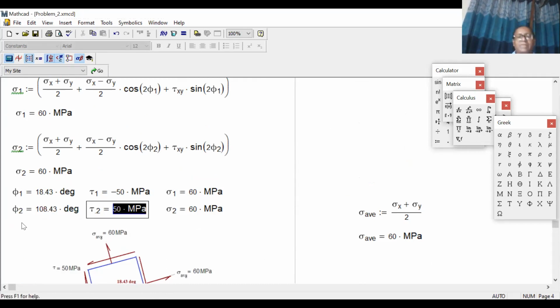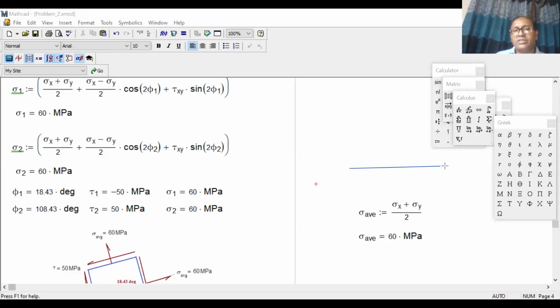Now, how will you do the orientation of the element? So similarly, we start with our original x-axis. What is our original x-axis? It is going along this direction. This is our original x-axis, and I'm saying this is x. Then we look for the smaller angle. Which one is smaller? Phi 1 is smaller. How much? 18.43.